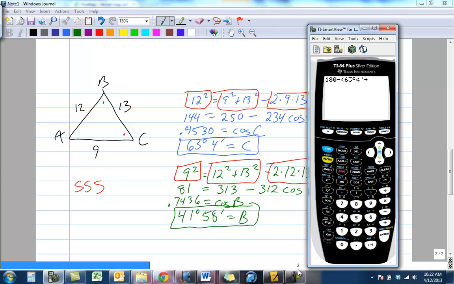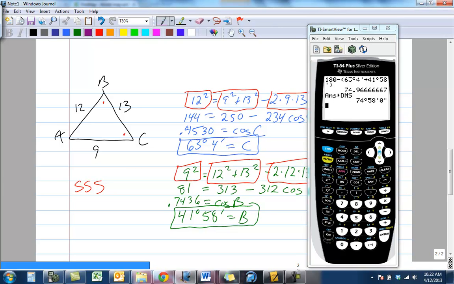Plus 41 degrees, 58 minutes. And we get 74.96, so DMS that, because this is an angle, and you get 74 degrees, 58 minutes. So angle A is 74 degrees, 58 minutes.